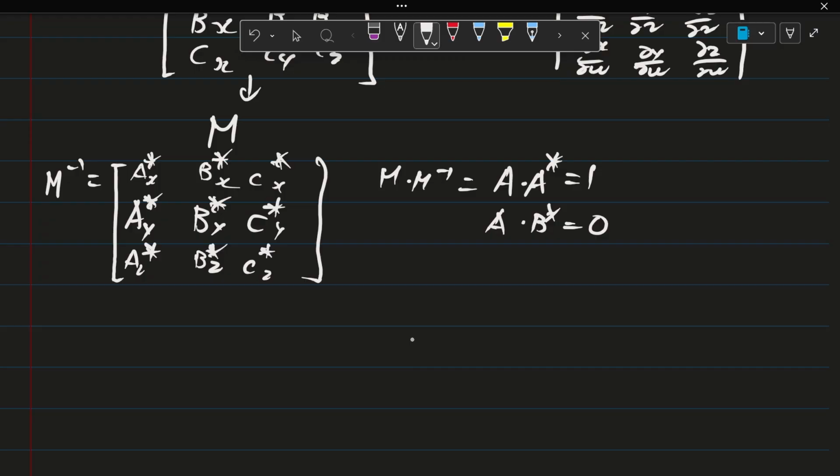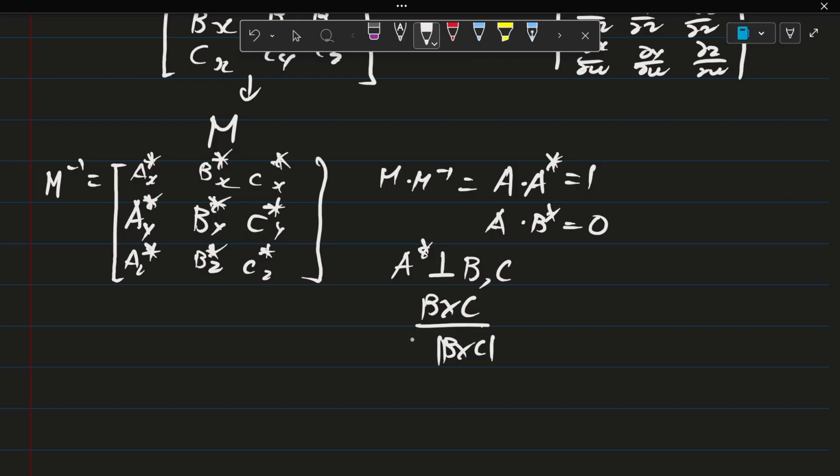Now, with this, we could define the reciprocal vector. This observation from the properties of the inverse tells us that A star must be perpendicular to both B and C, which means B cross C is a viable option. And then you would just divide this by the length of B cross C. Then we'll compare A as well as the A star.